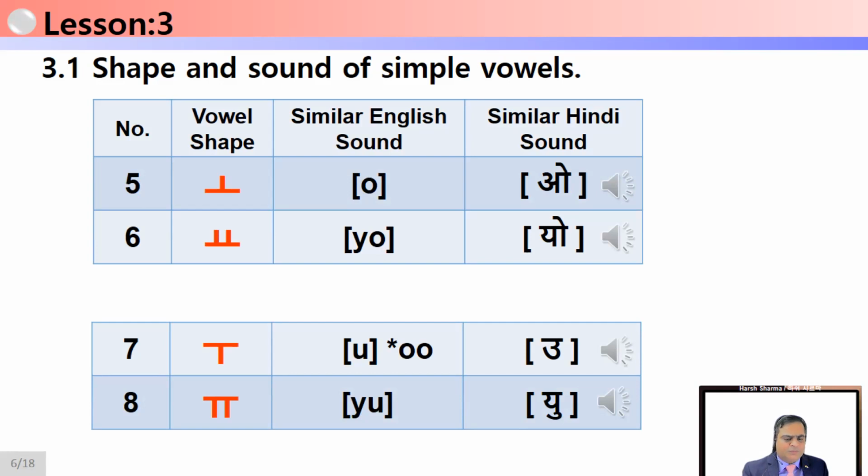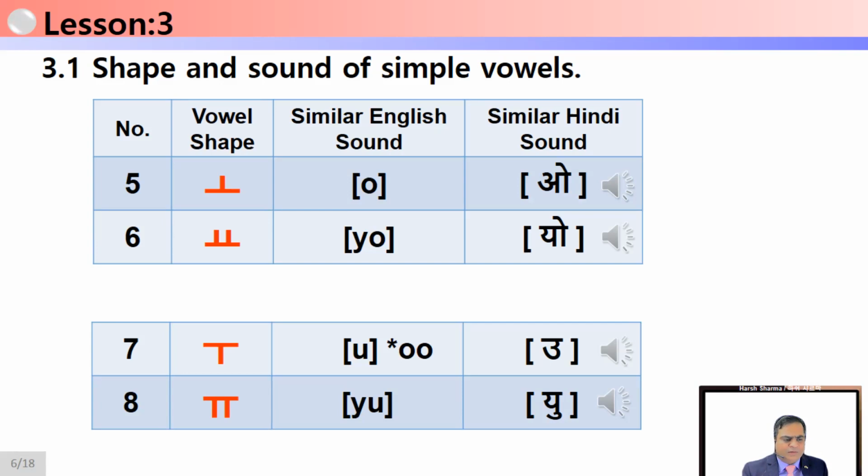Please make both shapes 5 times, because if you do not write now, it will be very difficult. The shapes are very similar, with just a difference in the number of small lines or their directions. When you write it, it will become more and more clear. Again, number 5, oh. Number 6, yo.